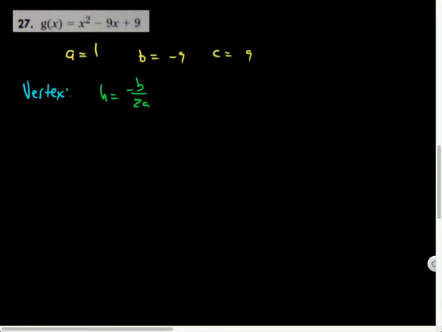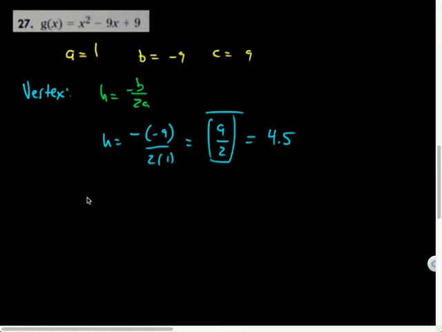Was our little formula. H equals negative of -9 over 2 times 1. So that's 9/2, which, by the way, is 4.5 if you wanted a decimal approximation of it.